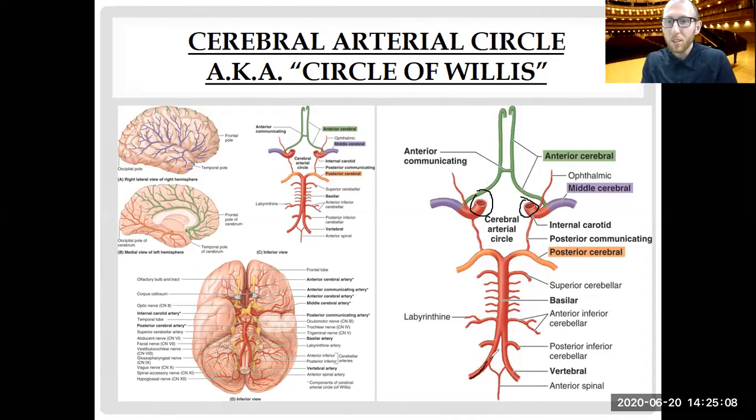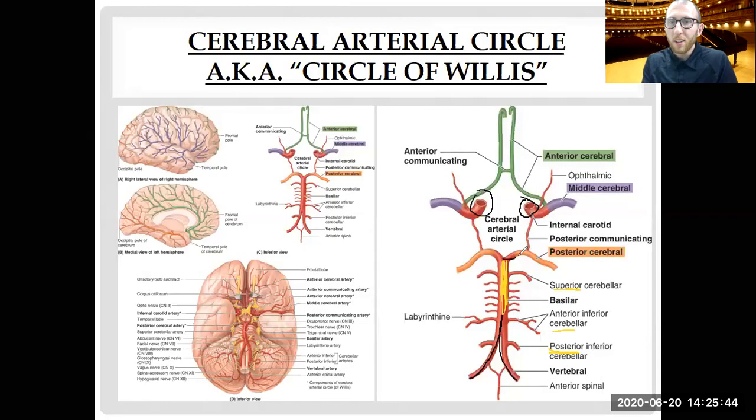The vertebrals, though, we can see are coming up, and they flow together into that basilar, with a few different things coming off of it. Superior, anterior, posterior cerebellar, so they go into the cerebellum.